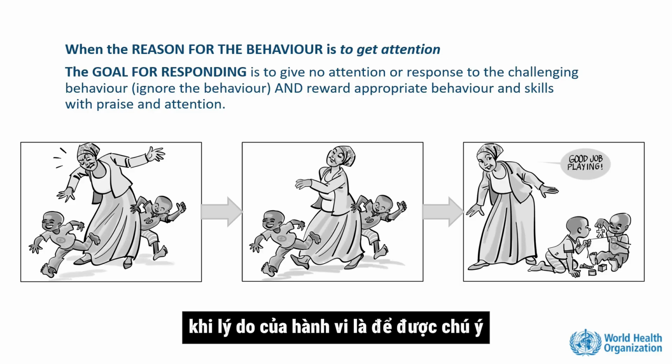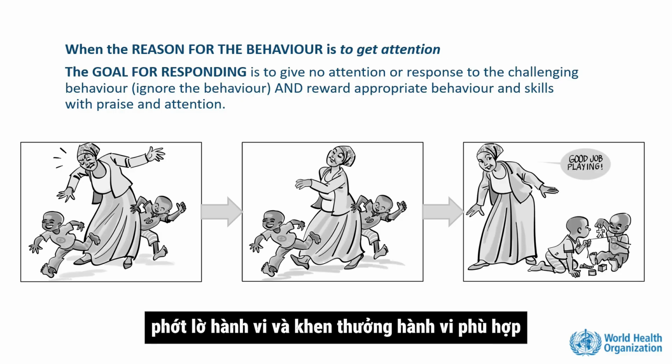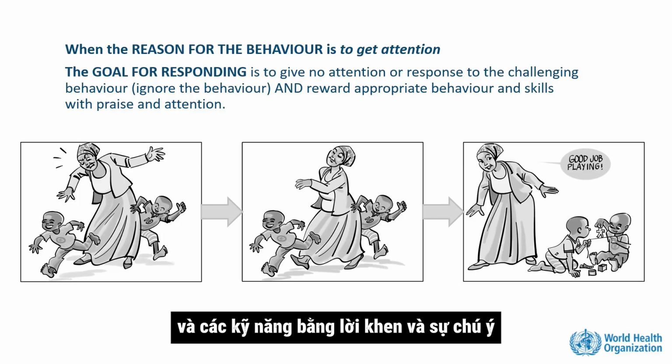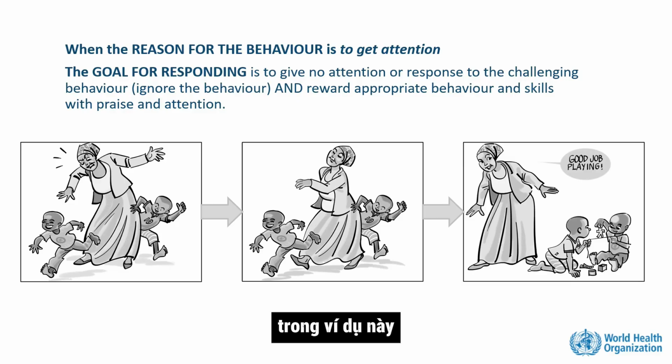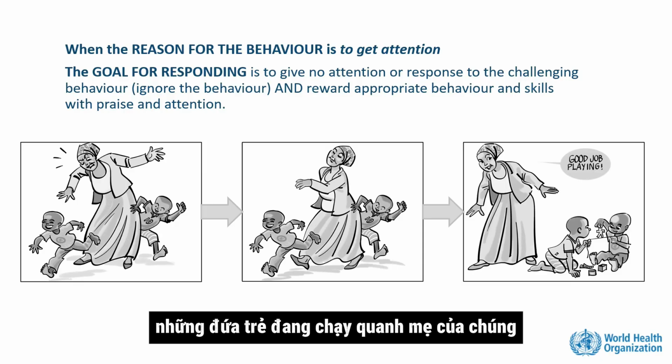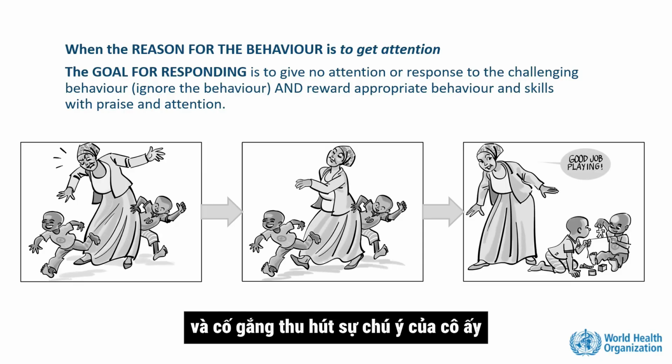When the reason for the behavior is to get attention, the goal for responding is to give no attention or response to the challenging behavior, ignore the behavior, and reward appropriate behavior and skills with praise and attention. In this example, the children are running around their mother and trying to get her attention.